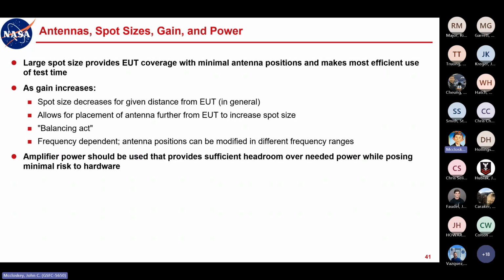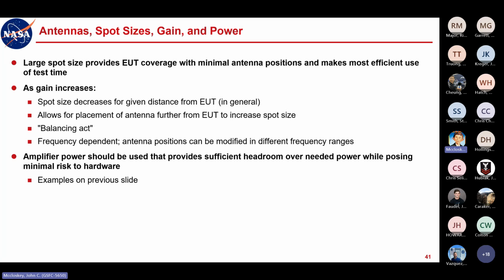Amplifier power should be used that provides sufficient headroom over the needed power while posing minimal risk to hardware. So that's where, when you determine how much power you actually need, you want to make sure you have enough headroom, but not too much. You don't want to use a 1,000-watt amplifier where all you need is 10 watts to run your test.